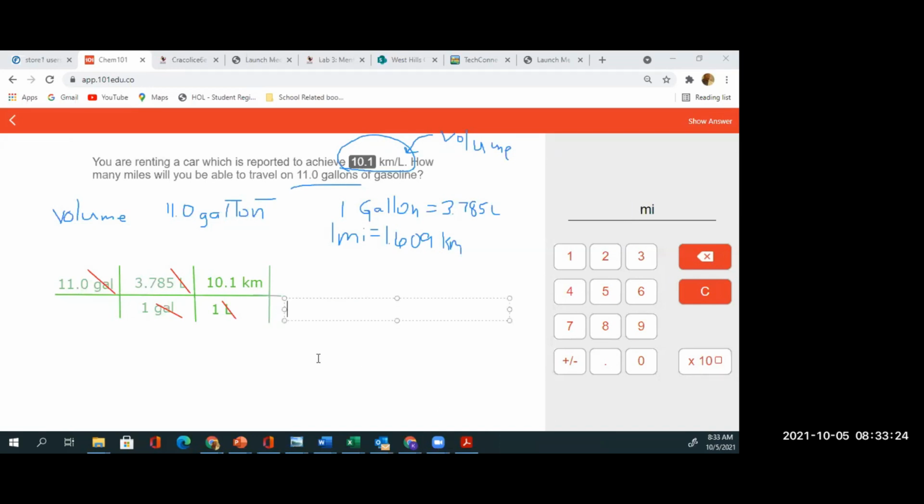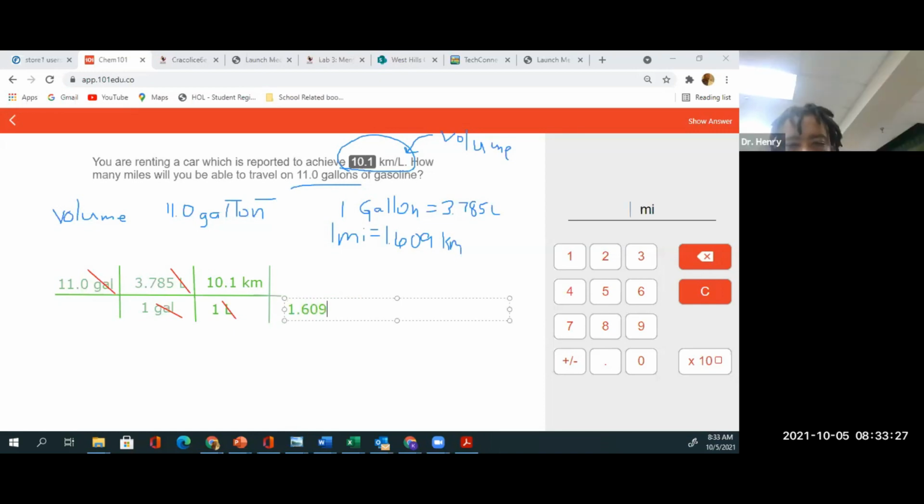So I'm going to put 1.609 kilometers on the bottom and 1 mile on top. Okay, so then it's going to cancel out. Okay, that's going to equal, we do the math.